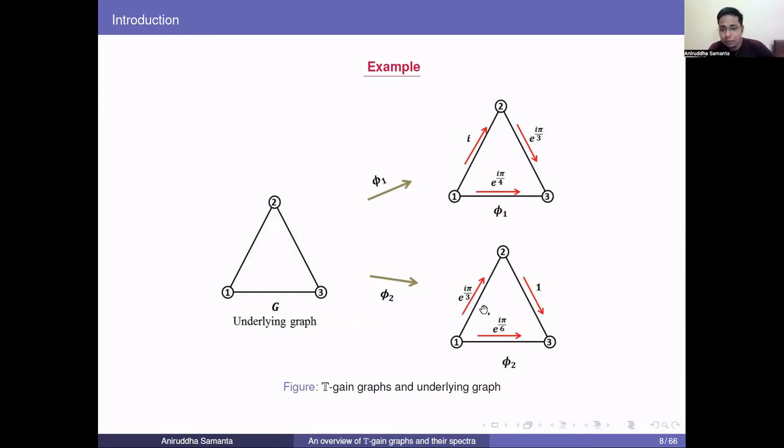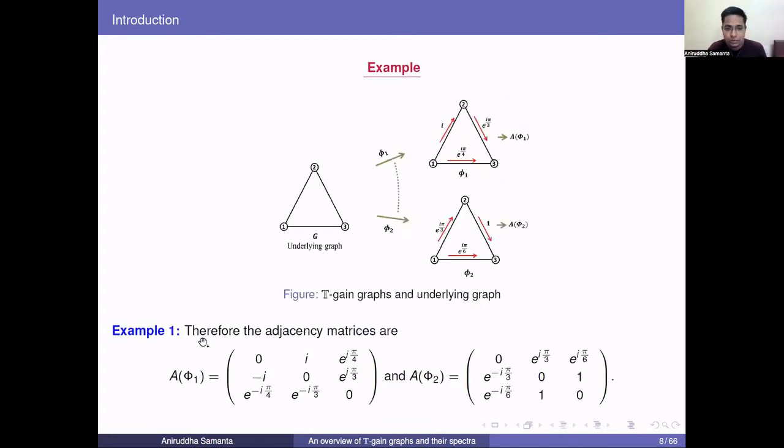Okay. So if we change the gain of its edges, then we have uncountably many T gain graphs associated with a particular structure G. So instead of considering the spectral properties of G, here we will consider these uncountably many collections of graphs, and then we see how they are related to the structure of its underlying graph G. So these are the adjacency matrices of phi 1 and phi 2.